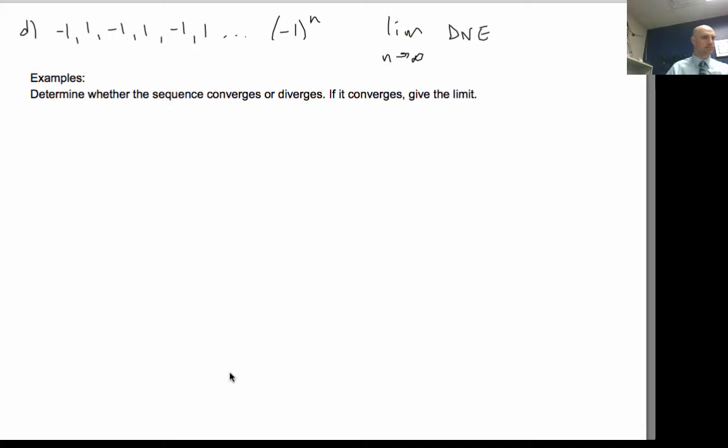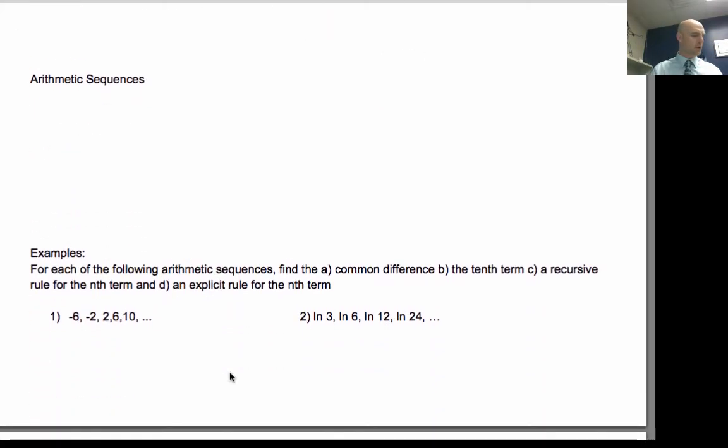Okay. Let's keep rolling. Talk about arithmetic sequences. Arithmetic sequences look like this. A plus D, A plus 2D, A plus 3D.